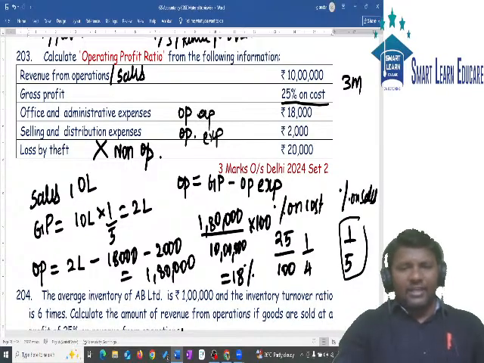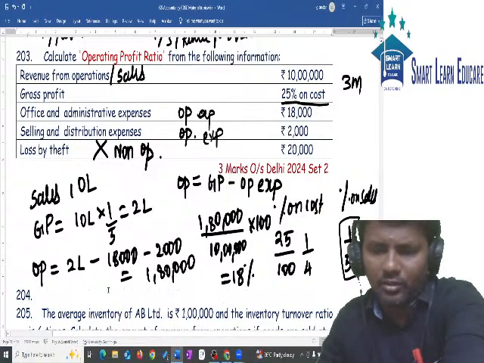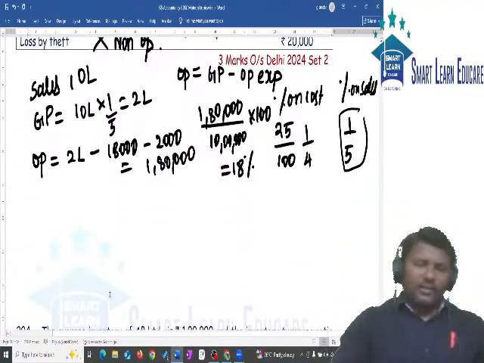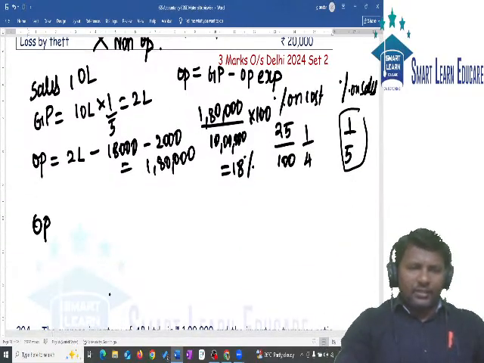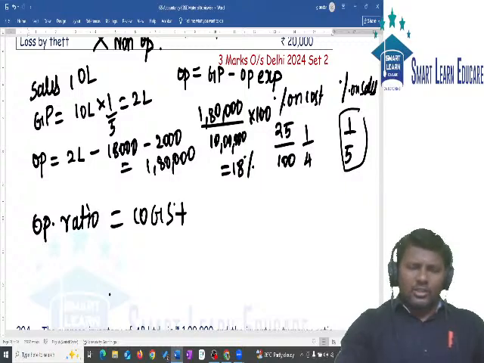If it is the operating expense ratio, how to solve? Operating expense ratio is also called operating ratio. Operating ratio is equal to cost of goods sold plus operating expenses.